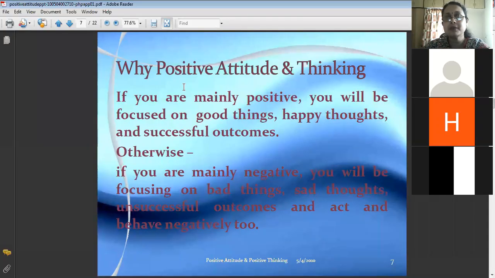And remember, a positive attitude is not only useful in your career, but in the whole life of a person. If you are mainly negative, you will be focusing on bad things, sad thoughts, unsuccessful outcomes, and you will act and behave negatively too.